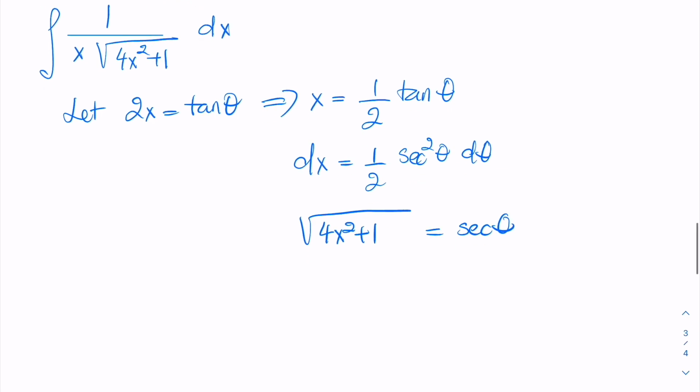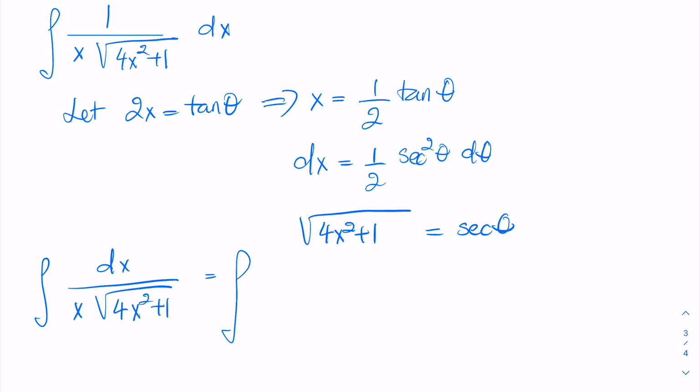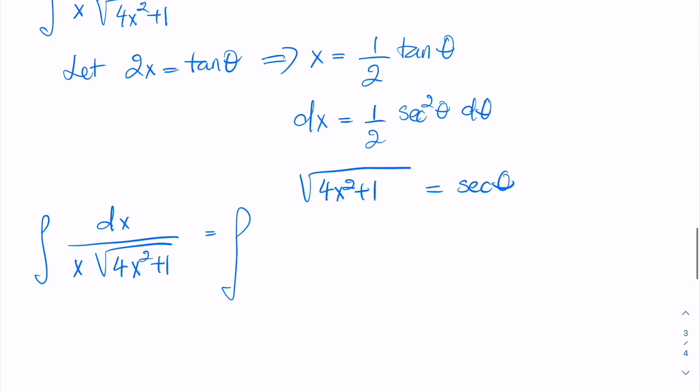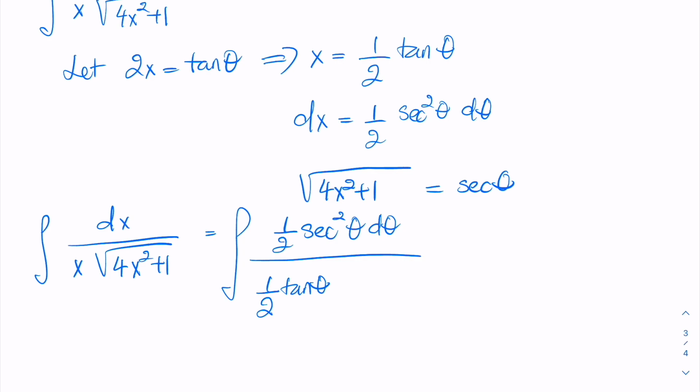Now, we're going to go ahead and rewrite. This is the original problem, dx over x square root of 4x squared plus 1. It turns into dx, that's 1/2 secant squared theta d theta, over 1/2 tangent theta secant theta.